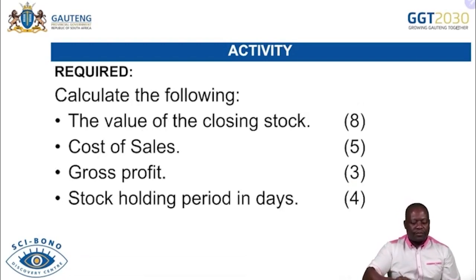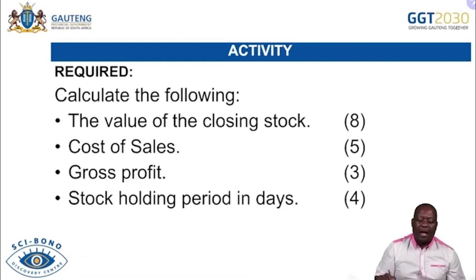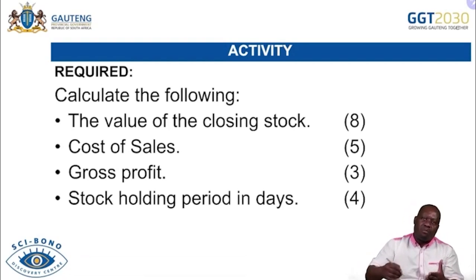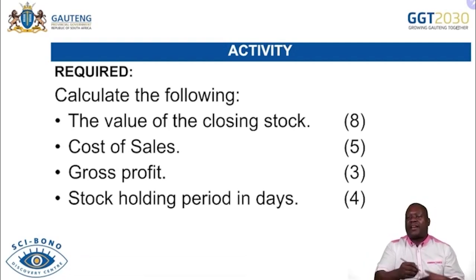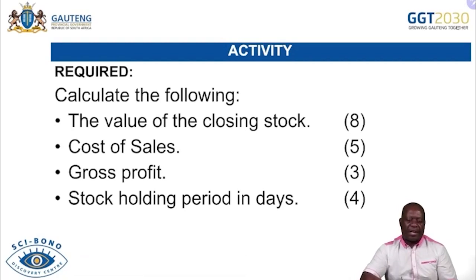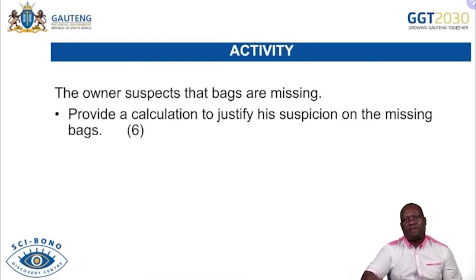Now, what are we required to do? To calculate the following: the value of closing stock first. After that, we are going to calculate cost of sales, gross profit, and stock holding period, and that is more universal. So I am going to use this activity to help in calculating all those and see where it takes us. Starting with the value of closing stock.